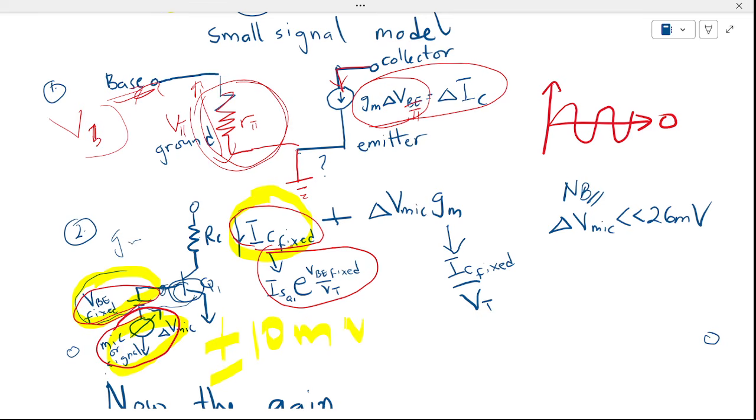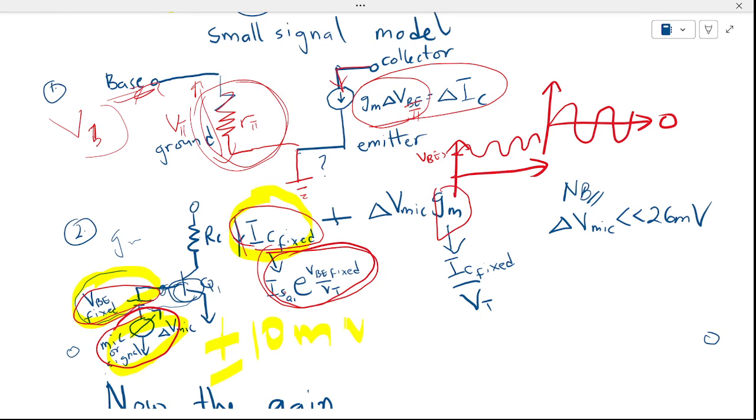Now if I add that to the VBE, it's going to raise the microphone signals with what we call a DC offset. Instead of oscillating around 0, we'll now be oscillating around the fixed VBE. And the fixed VBE alone will cause IC, which can be calculated by this. So this IC is the fixed IC, and it's the same IC that is used to calculate the transconductance.